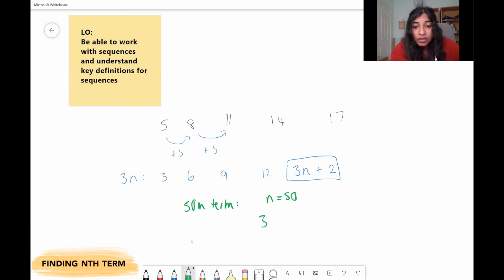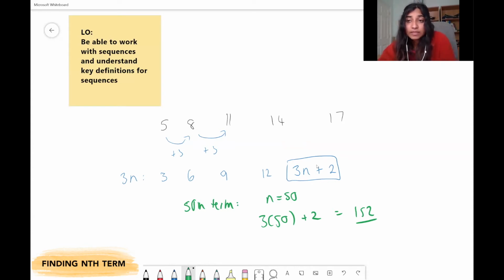So you would get 3 times 50 plus 2, which is 150 plus 2, so it's 152. That would be the 50th term in your sequence. So that's how you find the nth term of a sequence, and how you can use it to find a specific term.